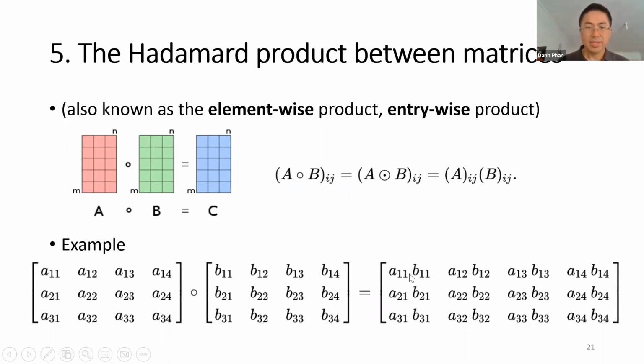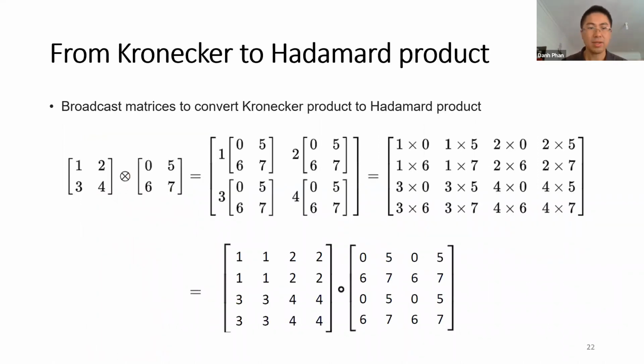And basically we can convert a Kronecker product to a Hadamard product. In our previous example, we have the Kronecker product between this one and this one, and we showed that it equals each element here multiplied with that matrix, and we stack them together to get a bigger matrix.